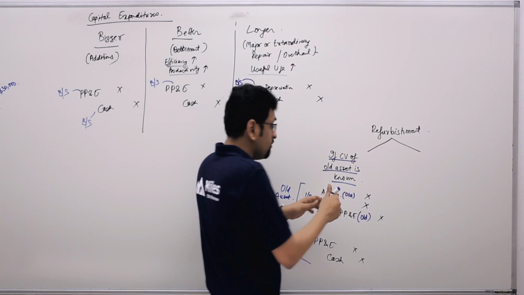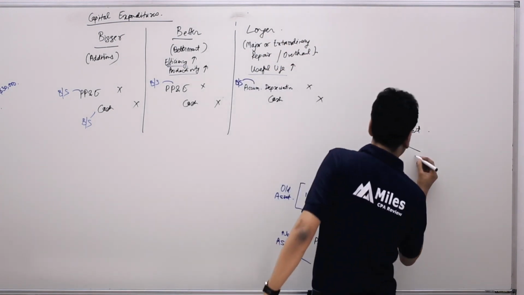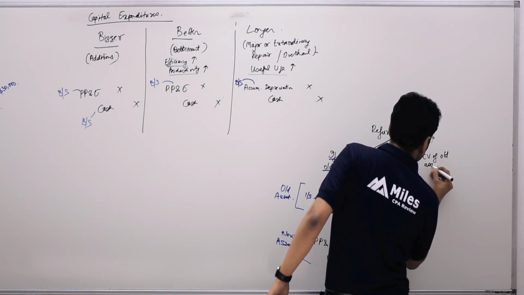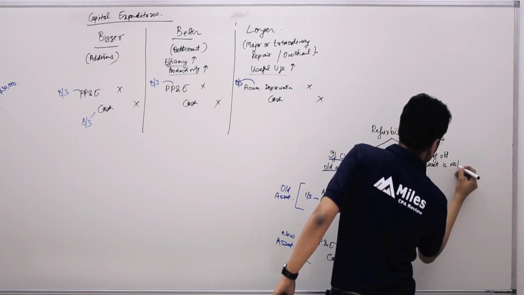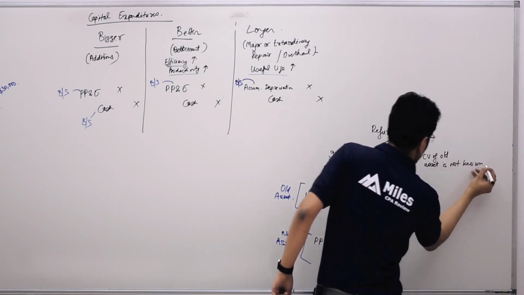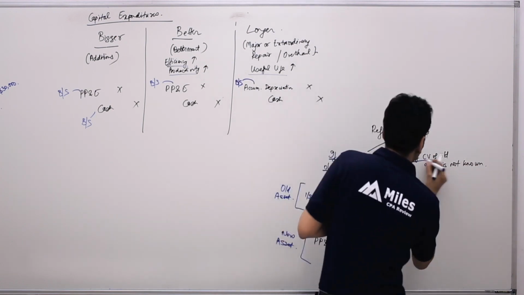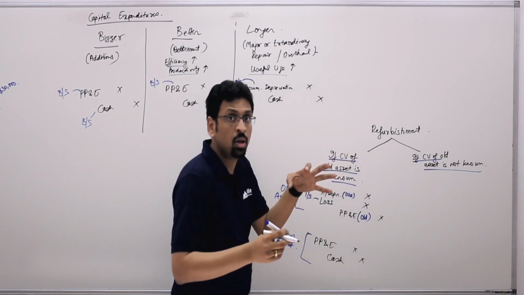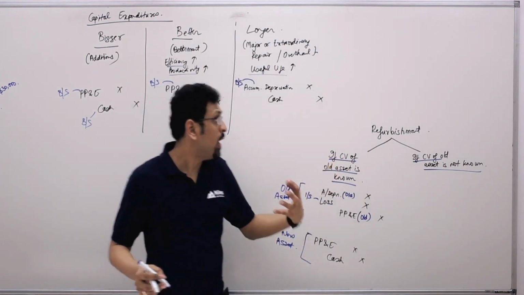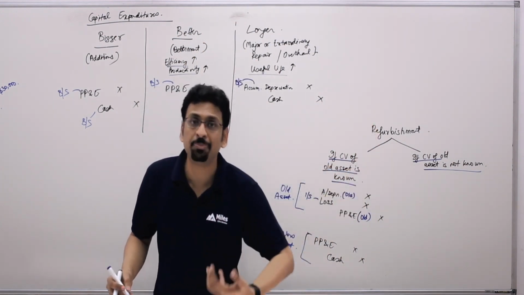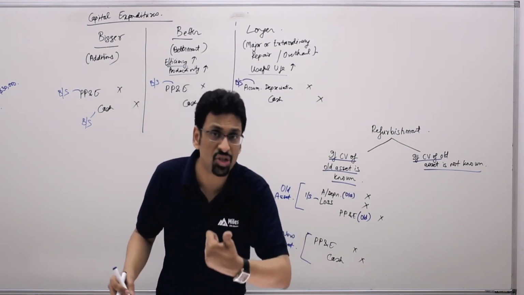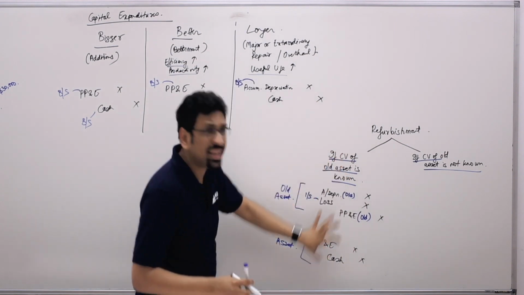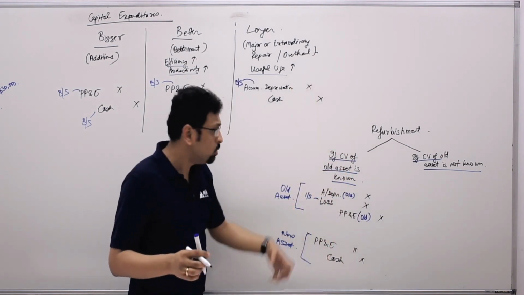So if the carrying value of the old asset is not known, then the question is, do you want to account it as better or longer? Now that depends on whether the refurbishment or the replacement is increasing efficiency or increasing useful life.